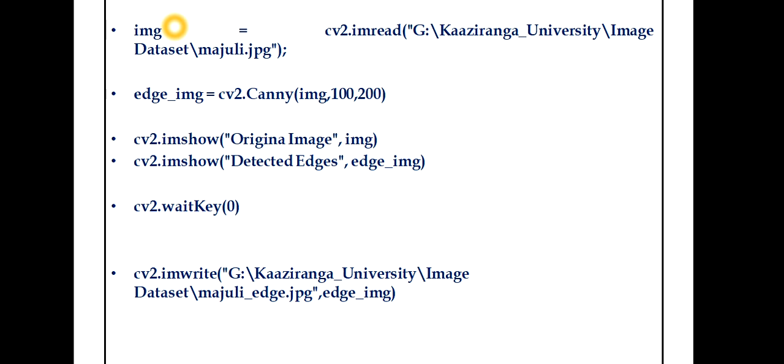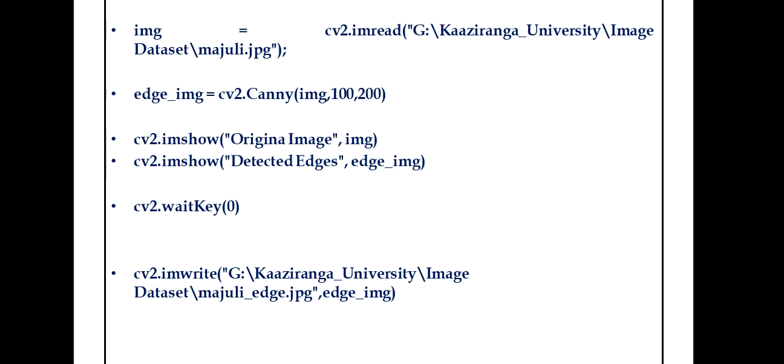After that, you import the image for which you want to detect the edges, using the imread function of cv2, that is cv2.imread followed by the path where the image is. My image is the Majuli image, in the Z drive, Kaziranga University folder.